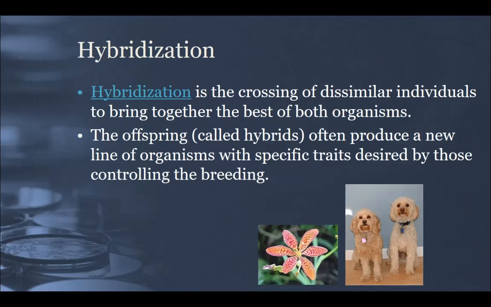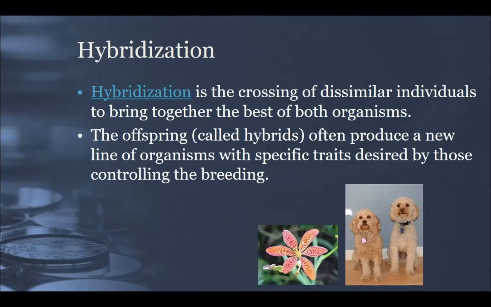Hybridization is crossing dissimilar individuals, and the offspring, called hybrids, often produce a new line of organisms with those desired traits. You see all sorts of hybrid plants and flowers. In fact, if you go to Lowe's or Home Depot to get your plants, probably most of those are hybrids.